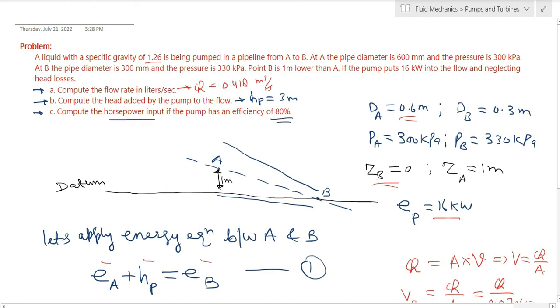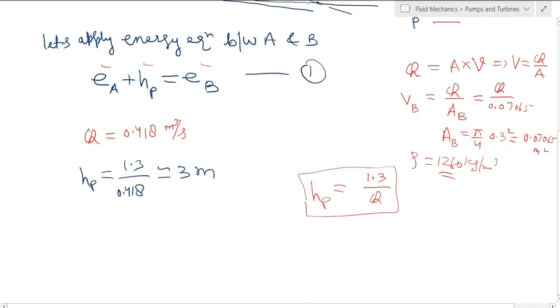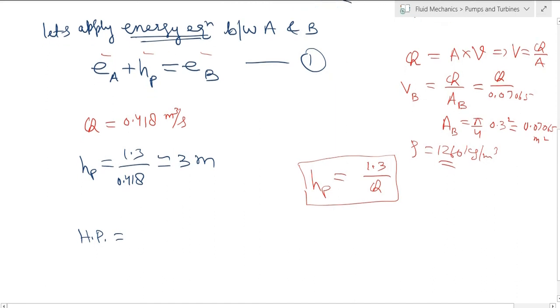Now for horsepower input, I will show you the formula, and I think this formula is not really important. Okay, this is not asked too much. What is more asked is the energy equation, the Bernoulli equation. They are very important.